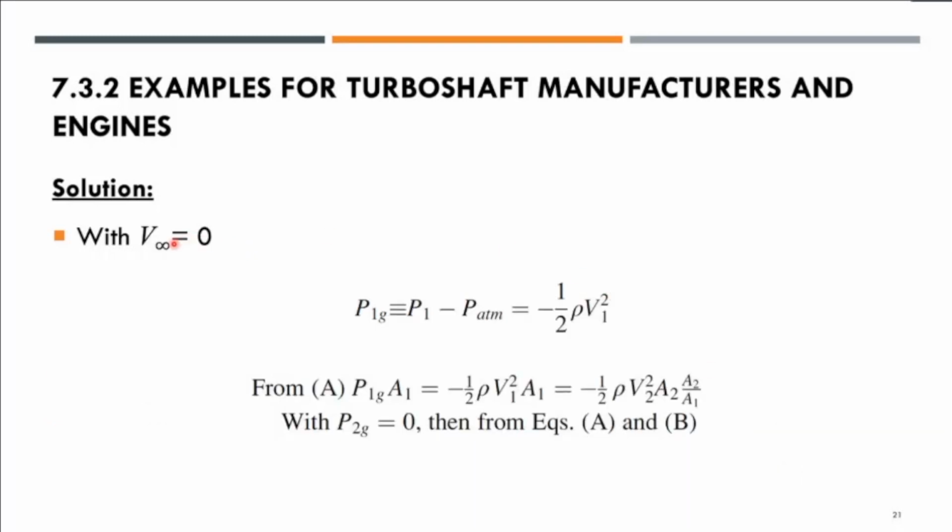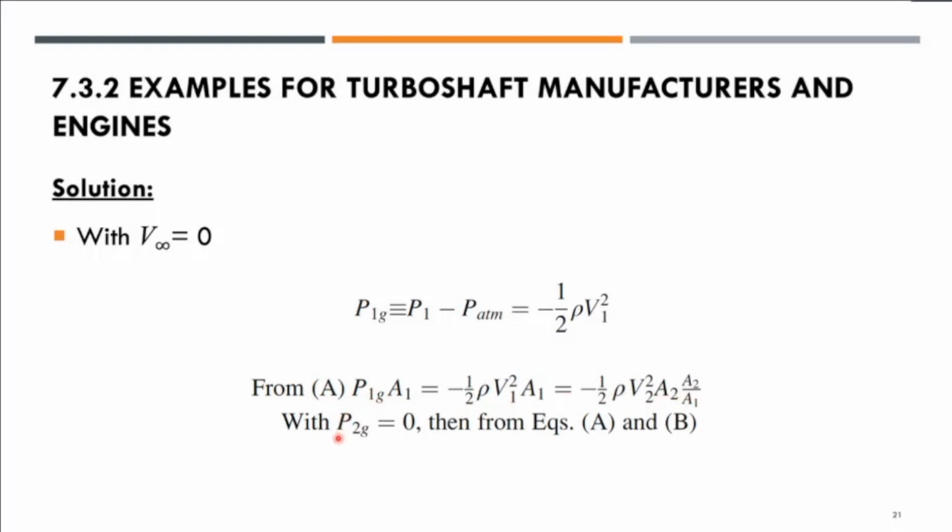With V infinity equal to 0, we equate P1G, which is equal to the dynamic pressure at station 1, from equation A. We can then express it as follows.